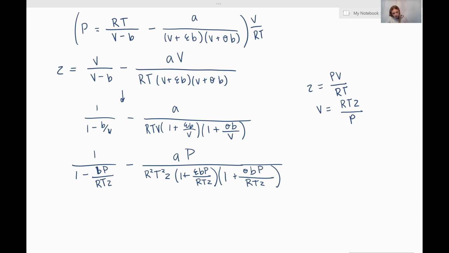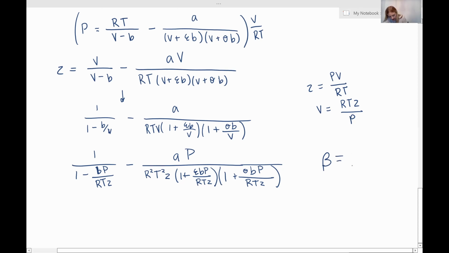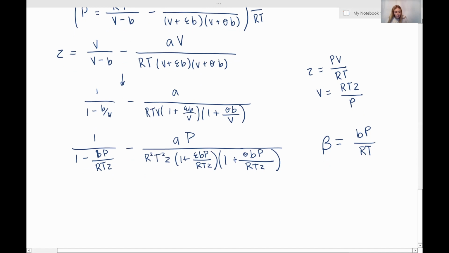So we can make a substitution of a new variable, just to simplify our expression, saying that our new variable beta is equal to bP over RT. Then we can go back through and substitute beta anywhere we see bP over RT. So our new expression looks like 1 over 1 minus beta over Z.